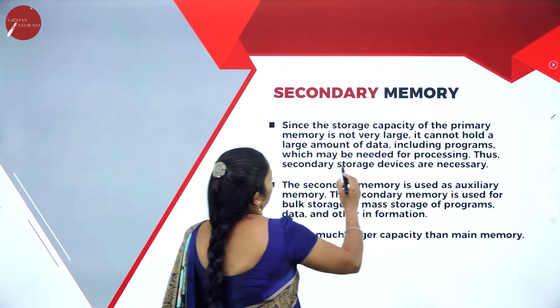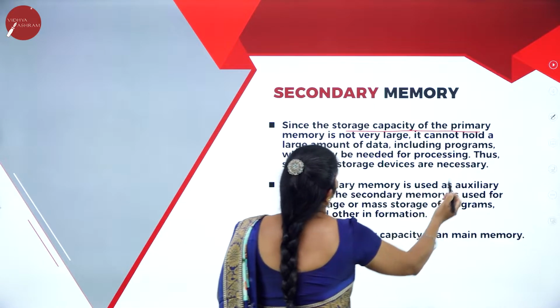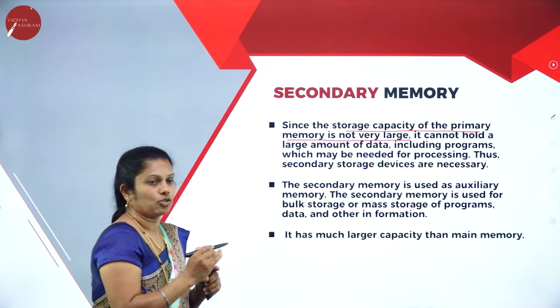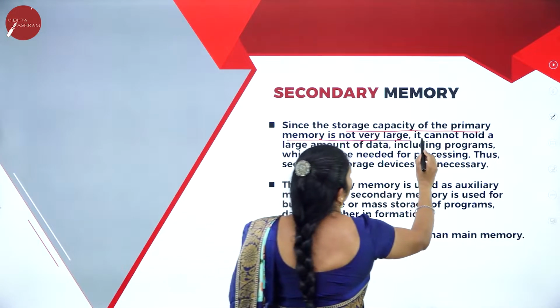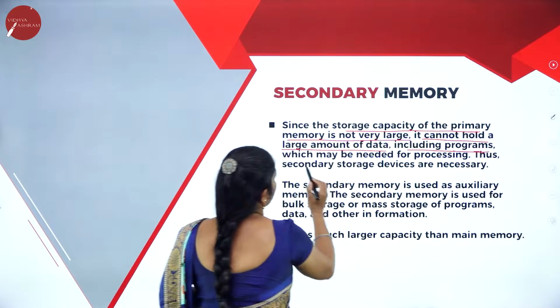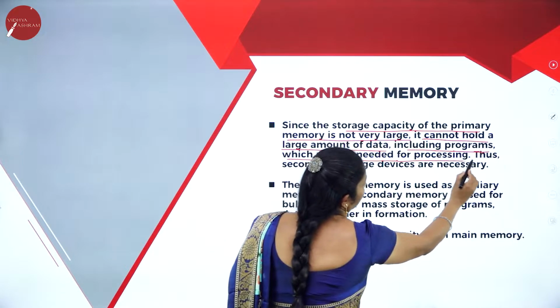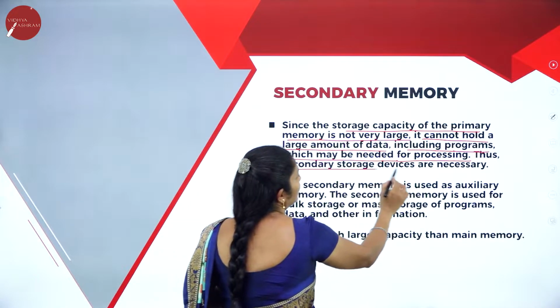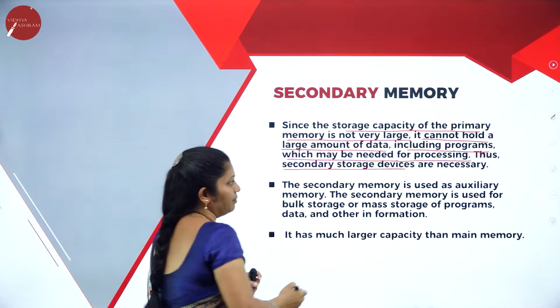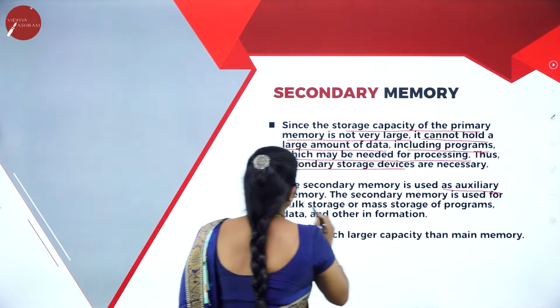Since the storage capacity of the primary memory is not very large, as I already told you, it cannot hold a large amount of data, including programs which may be needed for processing. That's why we need secondary storage devices. Secondary memory is used as auxiliary memory.